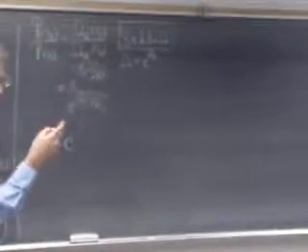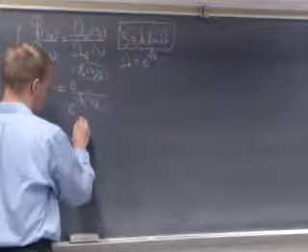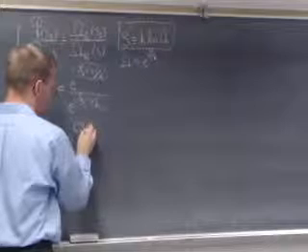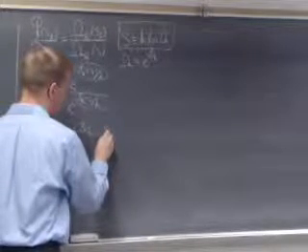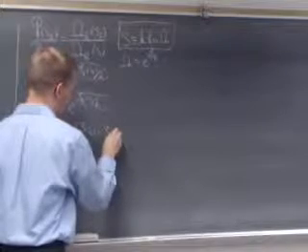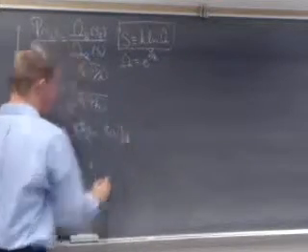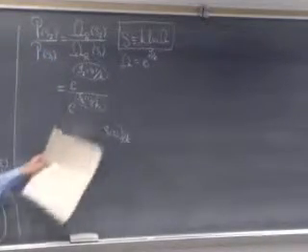Let's see, I can factor out a 1 over k right off the bat. I use the square brackets there because I have parentheses inside.